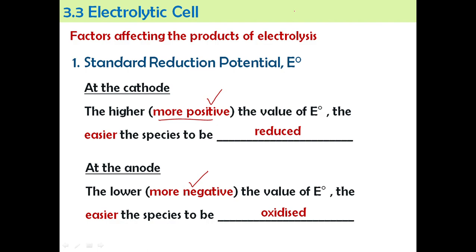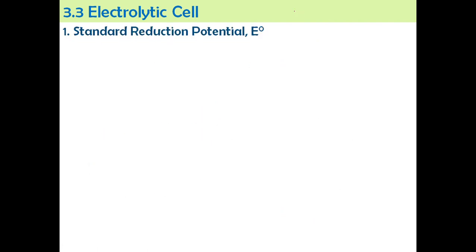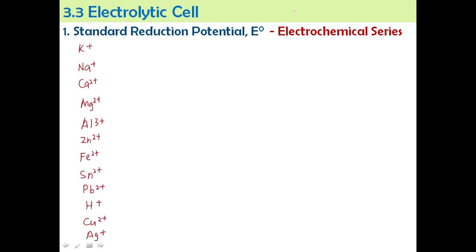Okay, tetapi untuk value ini juga kita boleh refer kepada electrochemical series. Jadi ni awak dah pernah hafal daripada sekolah lagi. Okay, awak pernah hafal series ini. So, kita ada untuk cation dan kita ada untuk anion. Okay, apa guna electrochemical series ini? Because from the series also we can choose which one is more positive, which one is more negative.